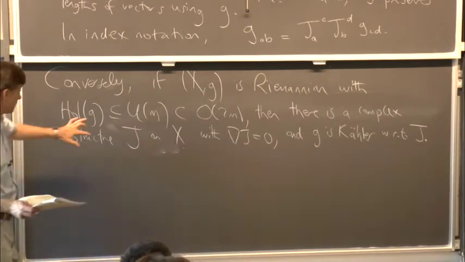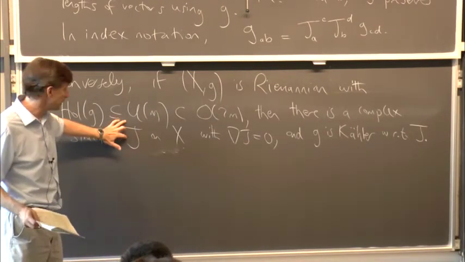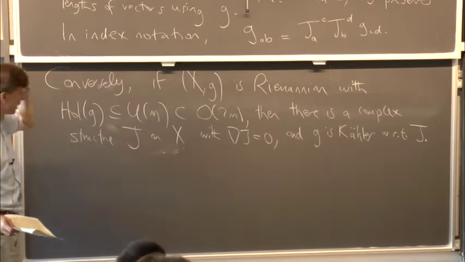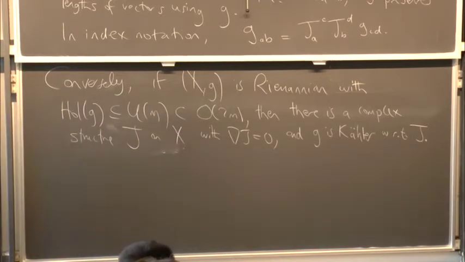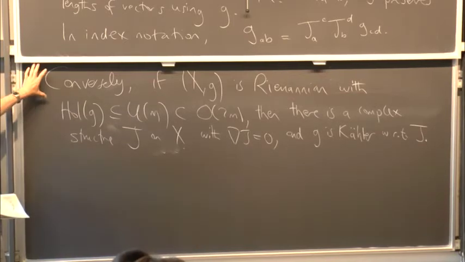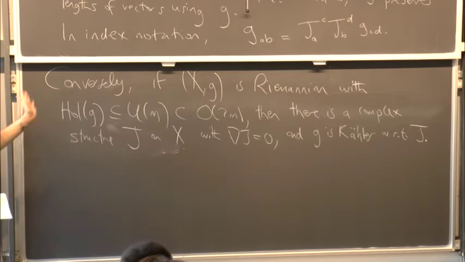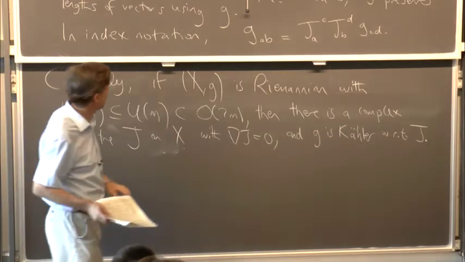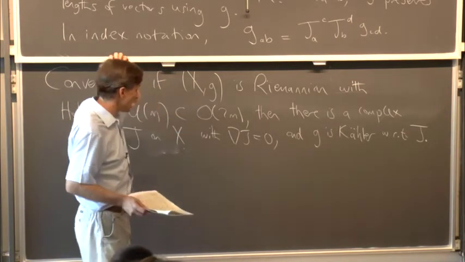Well, for example, for any complex manifold, you can always replace J by minus J. Minus J will also be a complex structure, and G will be Kähler with respect to that. As we'll see probably on Monday, there's a class of things called hyperkähler metrics, where you have a whole family of complex structures with respect to which G is Kähler.